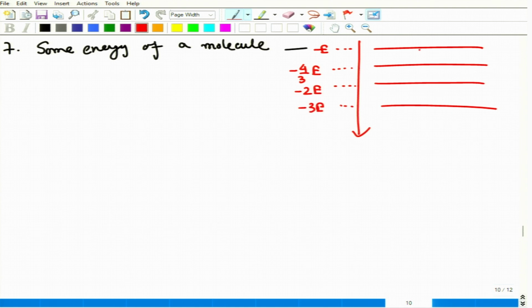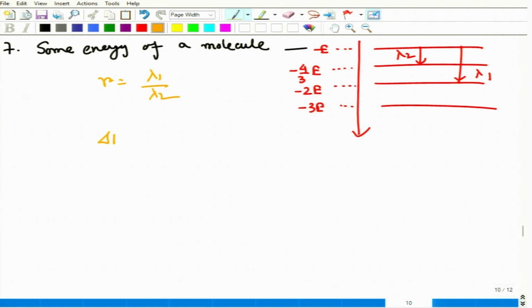There are two transitions. This one's corresponding wavelength is lambda 2, this is lambda 1. Then they have asked the ratio of the wavelengths. It's an easy question, just lambda 1 divided by lambda 2 they have asked. Okay, so what will be that? What is lambda 1? Lambda 1 is related to the energy gap.